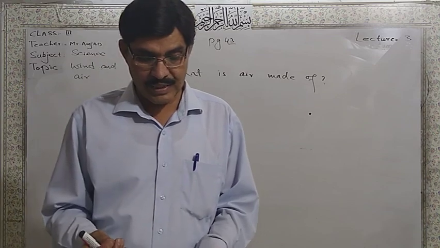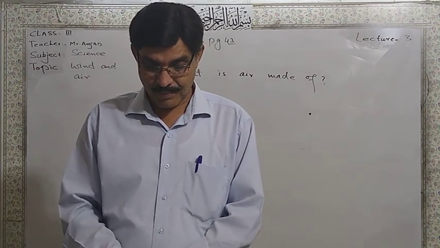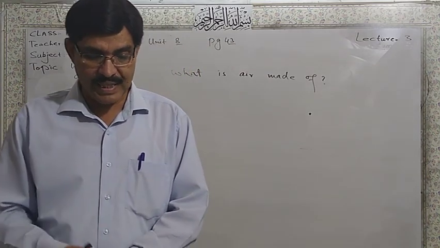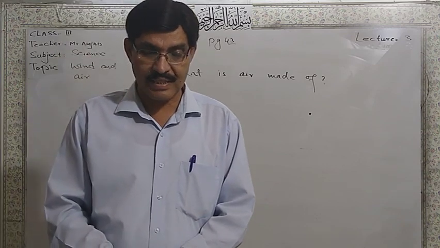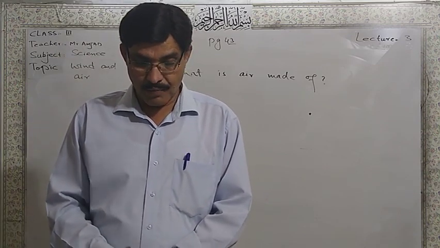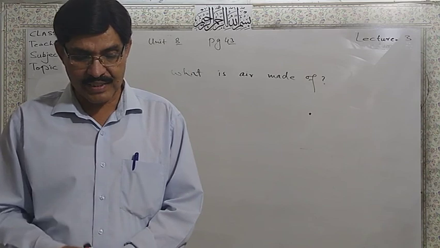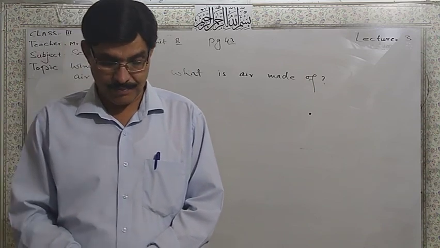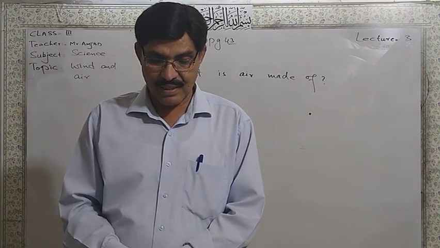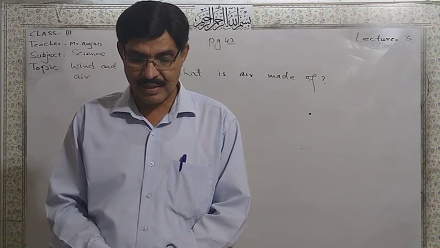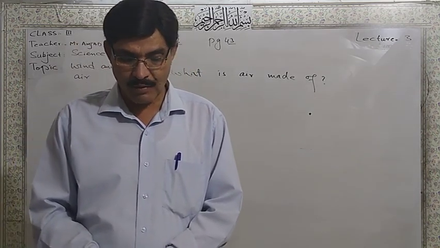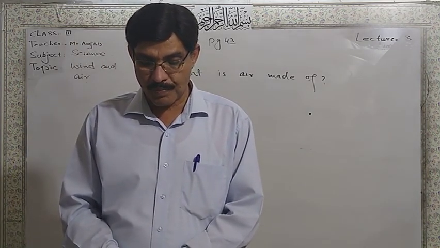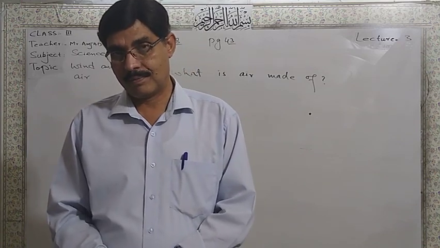The atmosphere is full of gases. The most important of these gases is oxygen, without which no living things can survive. Other gases such as nitrogen and carbon dioxide as well as water vapor are also present in the air.